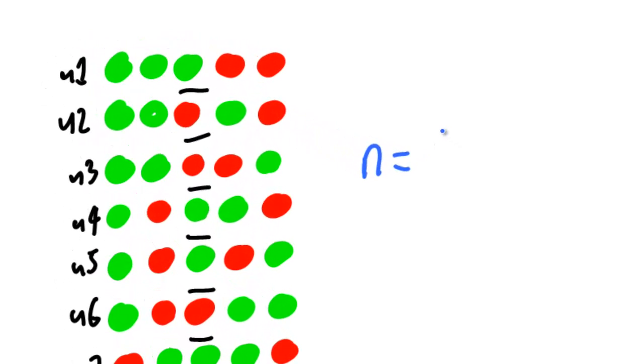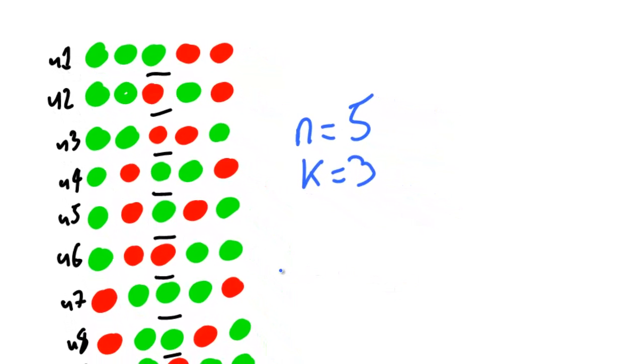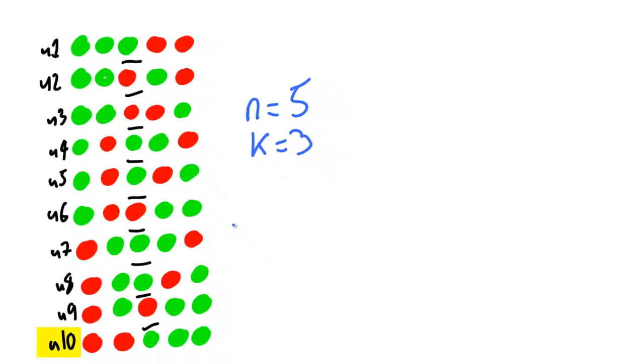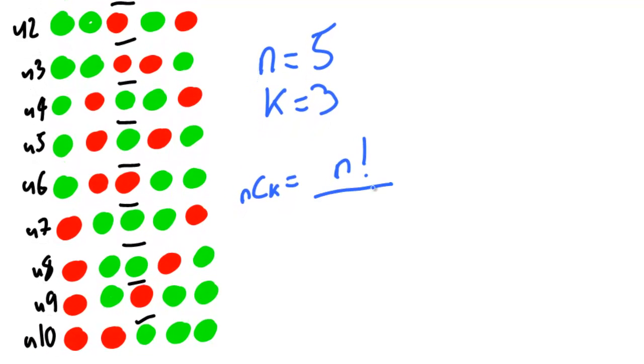The number of trials is 5, so n equals 5. The number of green balls he needs is 3, so that's k is equal to 3. Is there a formula out there, thinks Sean, that uses 5 and 3 that would give me an answer of 10? And suddenly he realises that this would be the combination formula, which is n factorial divided by n minus k factorial multiplied by k factorial.